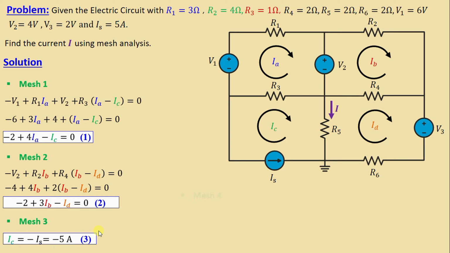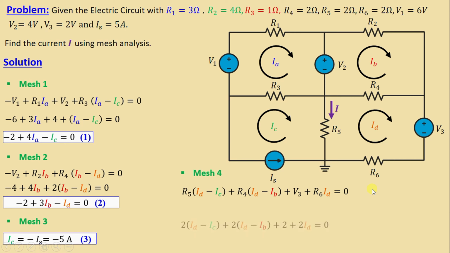Let's move on to mesh number 4. By applying KVL in mesh 4, we can write R5 times ID minus IC plus R4 times ID minus IB plus V3 plus R6 ID is equal to 0.